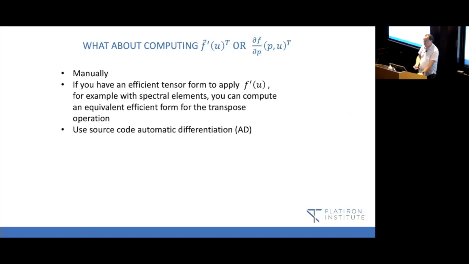And if there's efficient forms for computing the application of the Jacobian, then generally there you can play around a little bit and get an efficient form for applying the transpose of that Jacobian as well that you need for the backward one. Or you can use any of the tools for automatic differentiation to get these things for you.